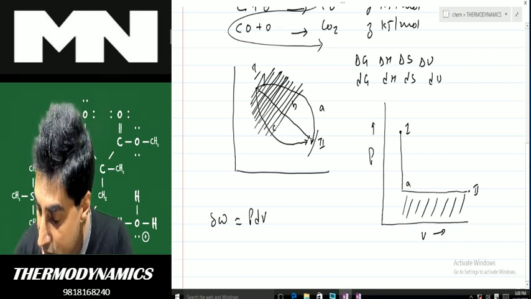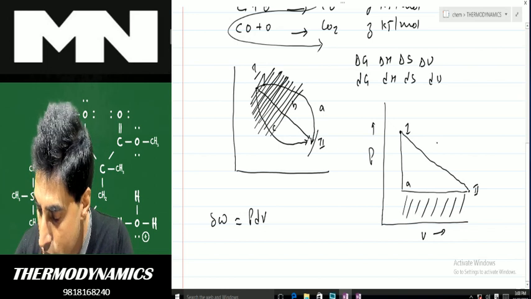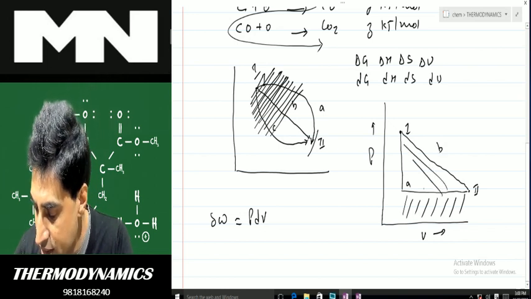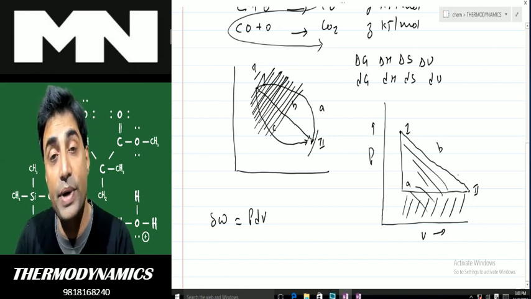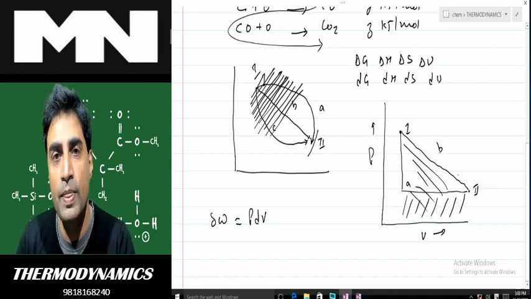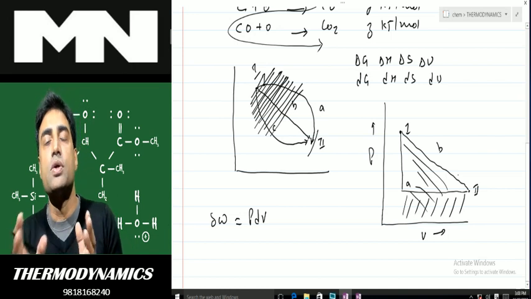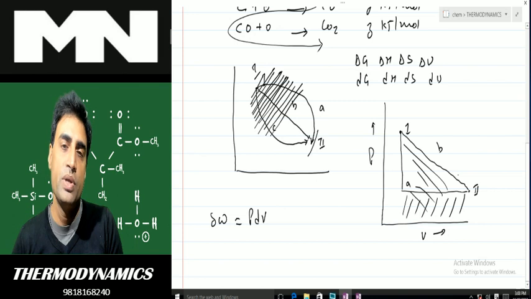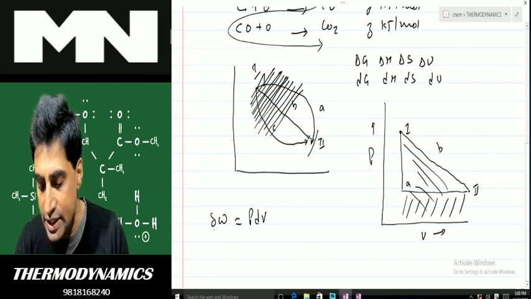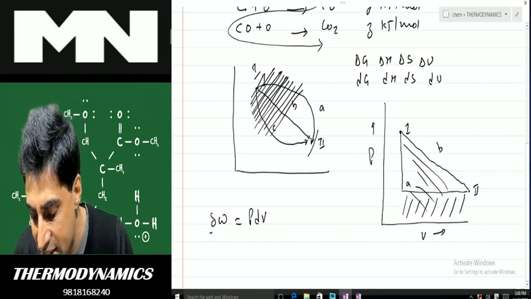If I follow path B, the work done is this area. So it is changing with path. That means work done is a path function. It's not a state function. Since the change in work done is not constant when you are moving from state 1 to state 2, you cannot differentiate it. That's why a small amount of work done is always represented by del.